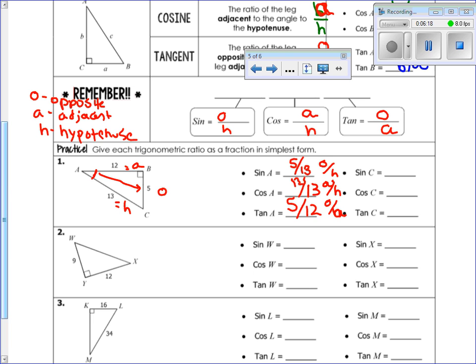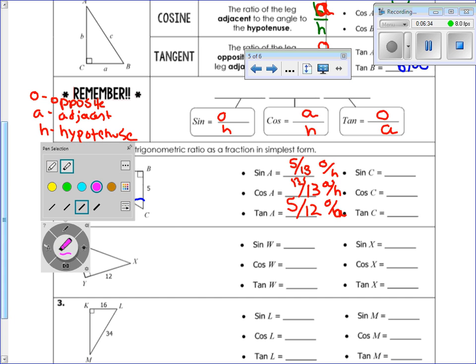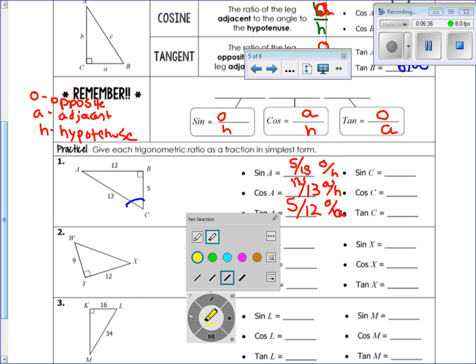Okay. Now, if you got lost, we're going to redo this, except we're going to start with angle C, because we want to get the sine, cosine, and tangent of angle C. So here's C, and I'm going to highlight this time. The opposite is right here, adjacent is right here, and my hypotenuse is right there. So I'm going to label them.